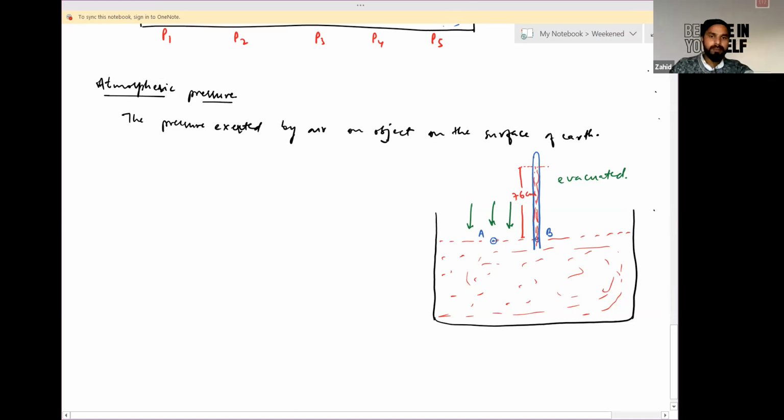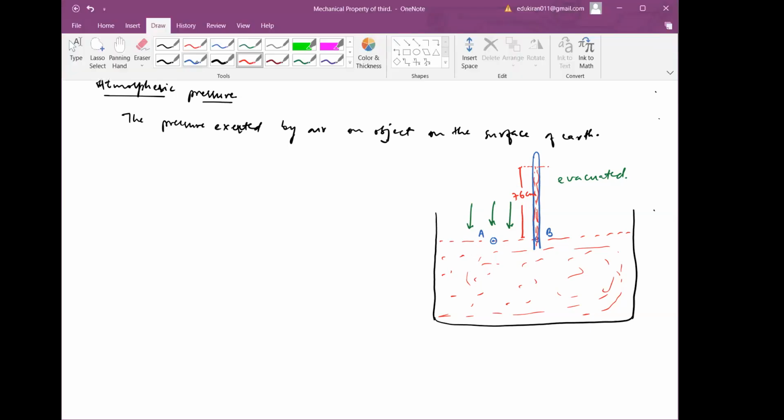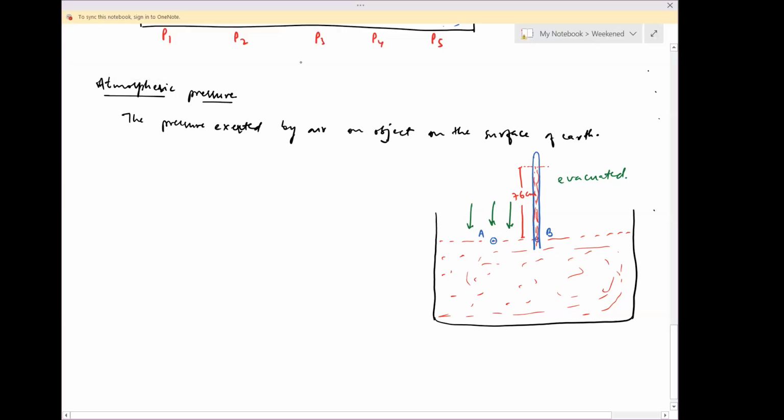Now you can say pressure at point A is due to air and pressure at point B is due to the liquid column raised in this particular part up to 76 centimeter. And there is no further flow from this pan to this particular column, which means pressure at point A and pressure at point B are equal. Is it clear? Yes. Wahid, is it clear?